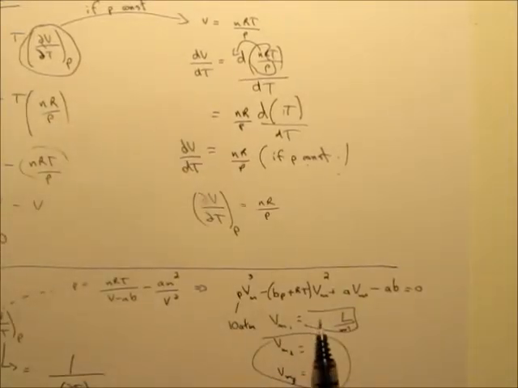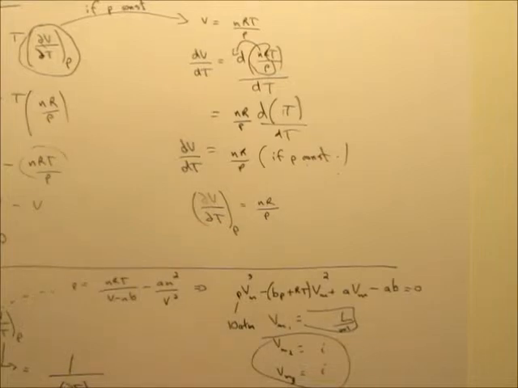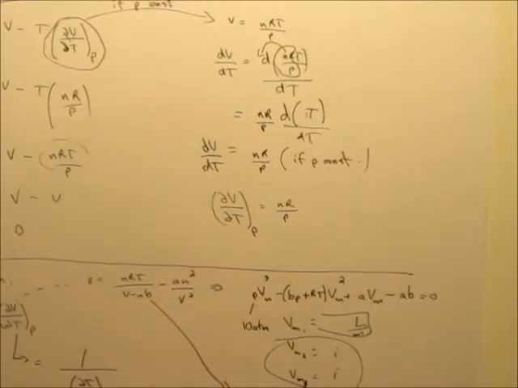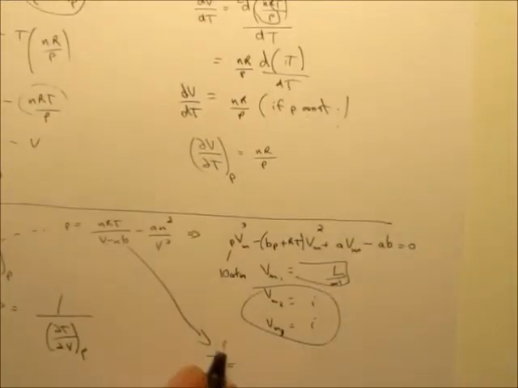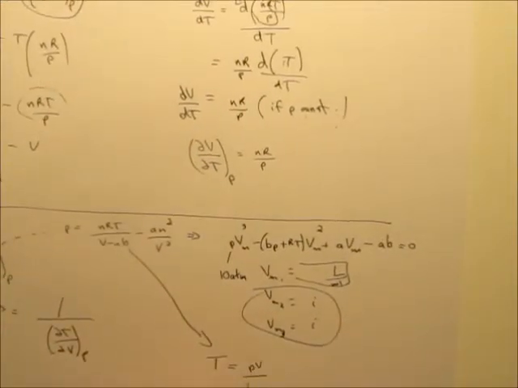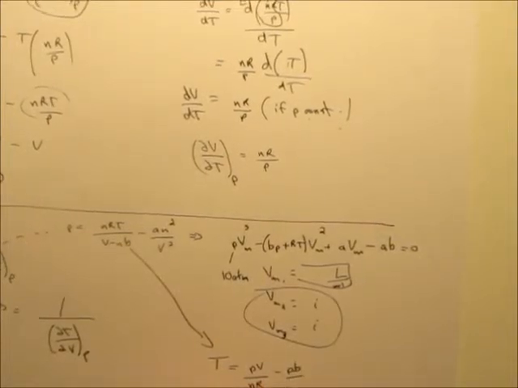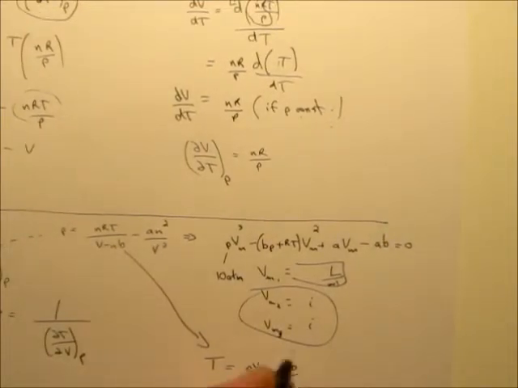So we're going to need that. Secondly, we're going to have to isolate this in terms of T. And one of the forms that I find is this one, R.